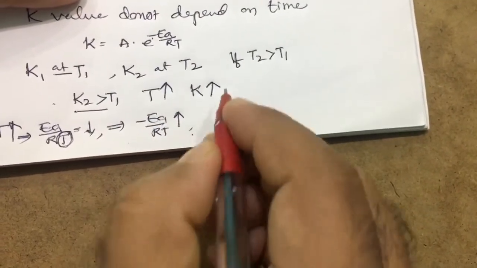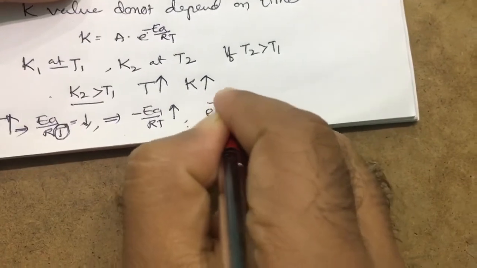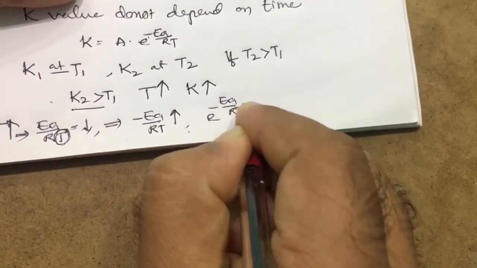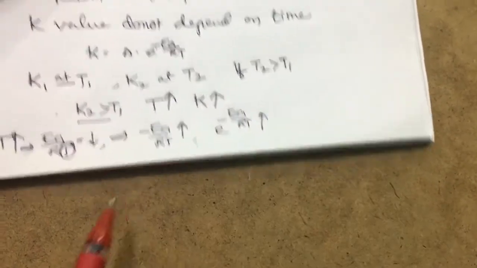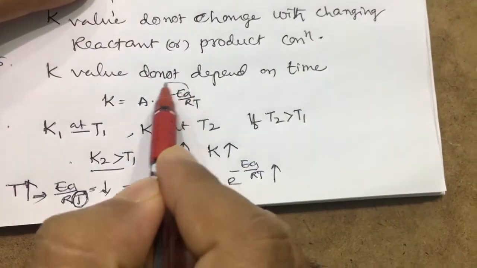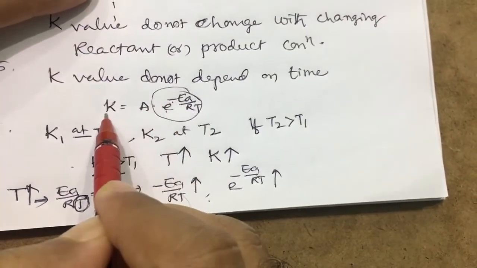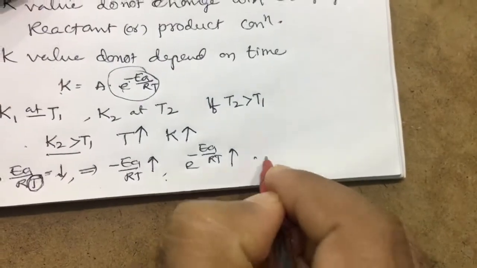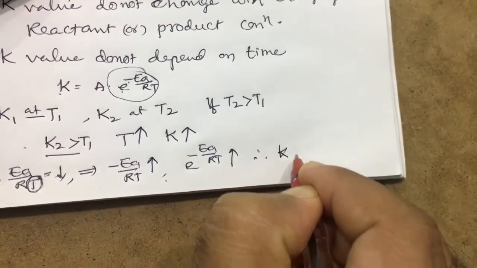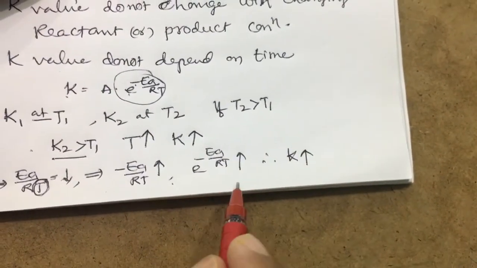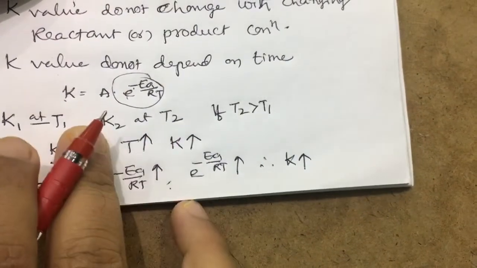When it increases, e power minus Ea by RT also increases. This term is directly proportional to k. Therefore the k value also increases when increasing the temperature.